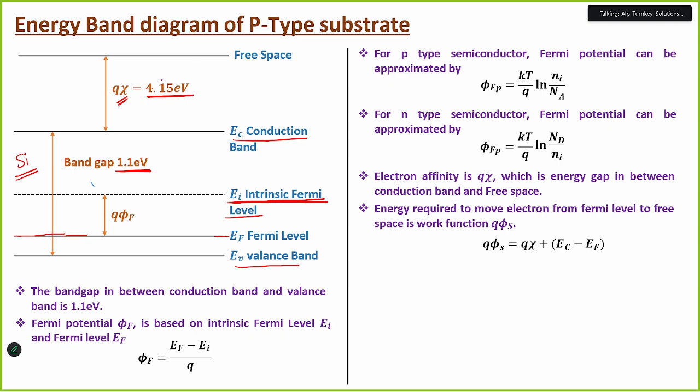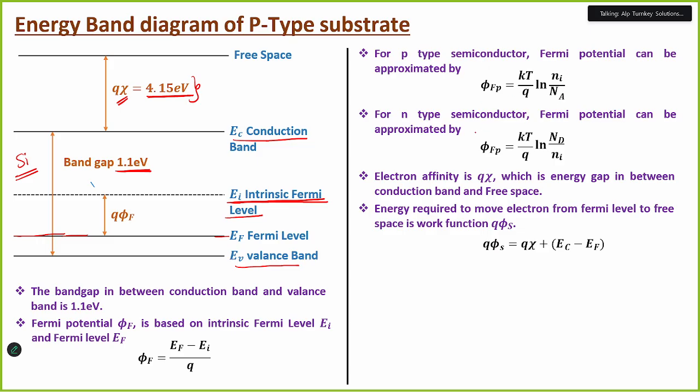This much energy is required to make an electron jump from the conduction band to free space. For a p-type semiconductor, the Fermi potential is approximately kT by q ln ni by na.